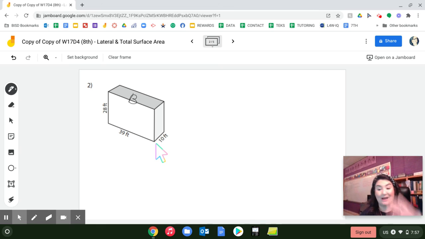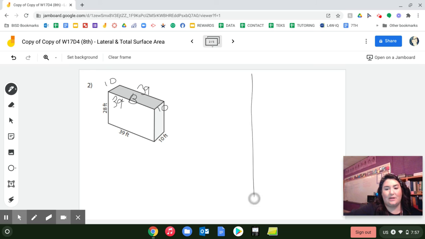We learned that back in like 3rd, 4th, 5th grade, and it's just dusty. We need to dust that off and use that here. 39 here means that this is 39. That also means that this side is 39. If this small length is 10, that means that this small length is 10 and this small length is 10.